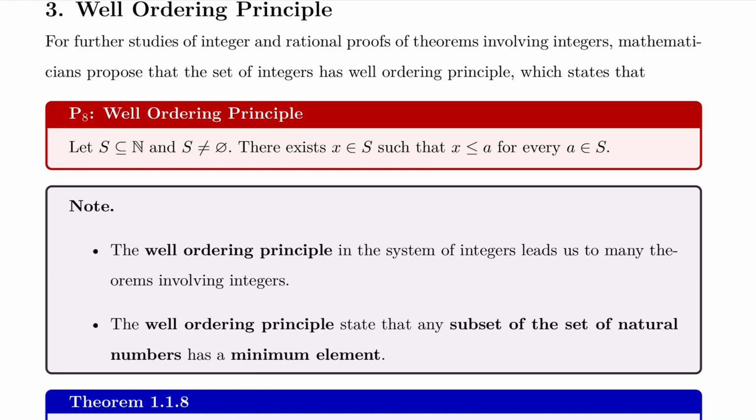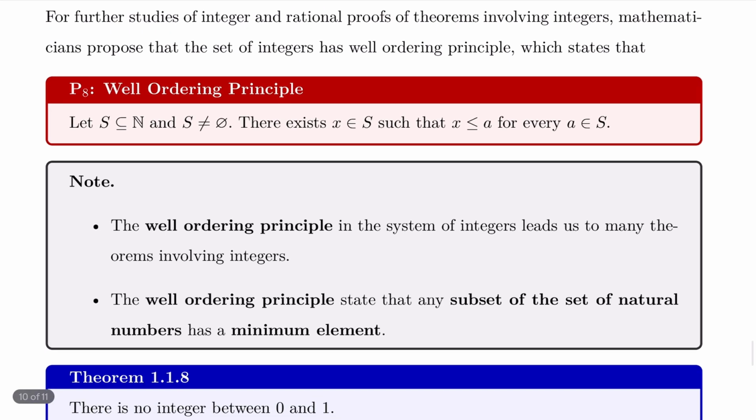Let S be a subset of the set of natural integers, and S is not an empty set. Then there exists an element x in set S such that x is less than or equal to a for every a in set S. What does it mean?